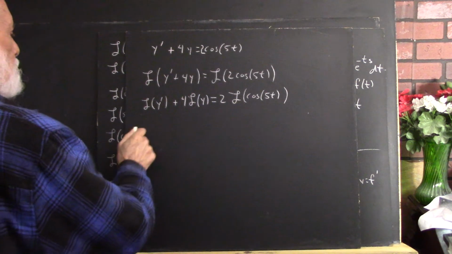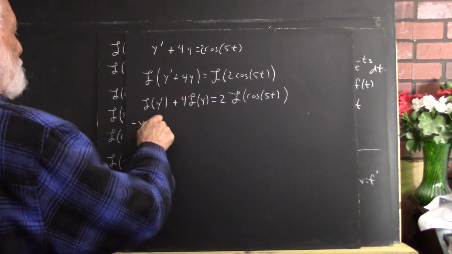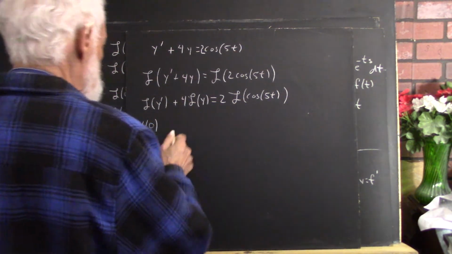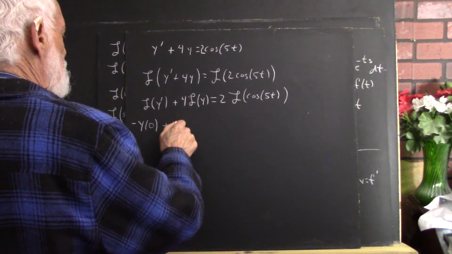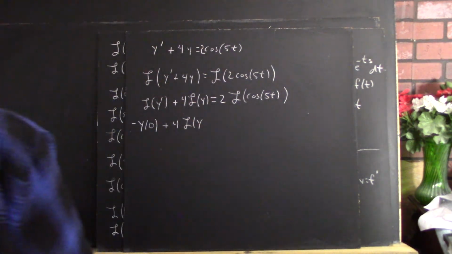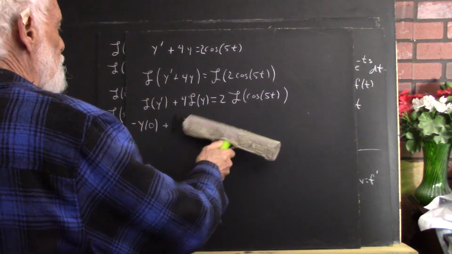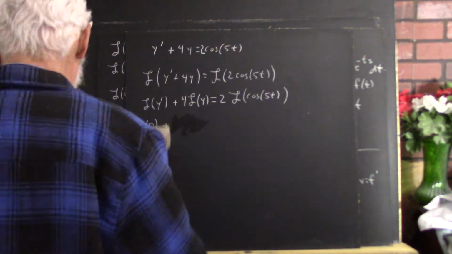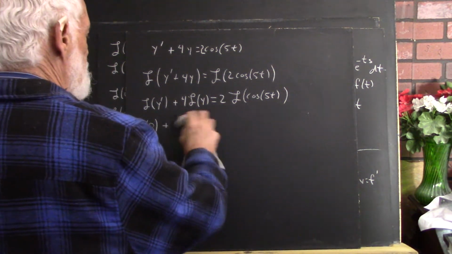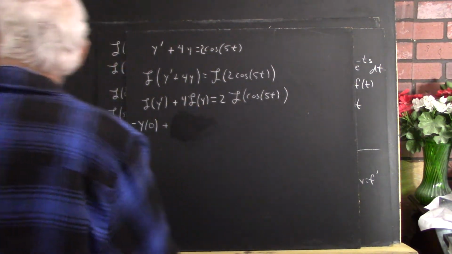Well, the Laplace transform of y prime is negative y of 0, using y as our function instead of f, but that's straightforward, plus 4 times the Laplace transform of y. I got a step ahead of myself. In other words, there's more to the Laplace transform of y prime.